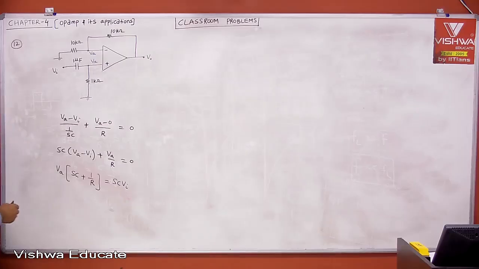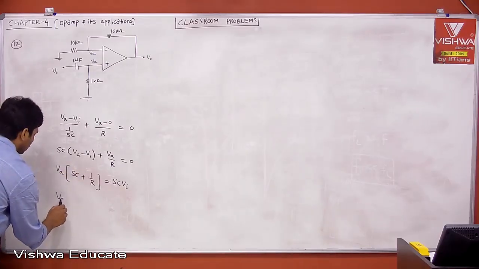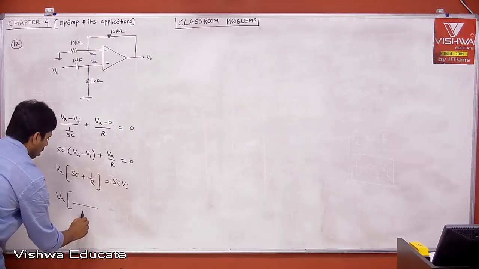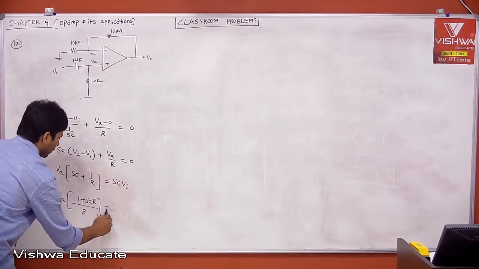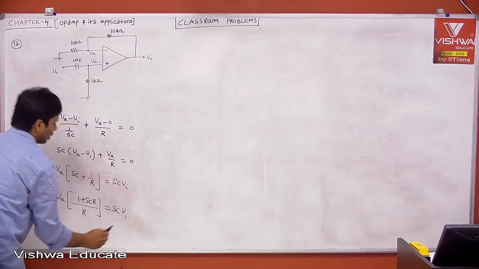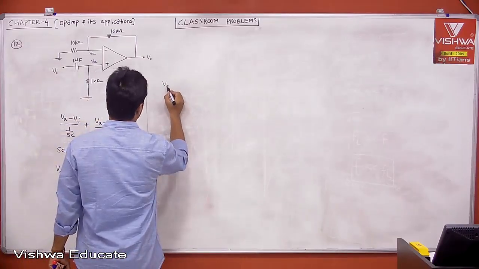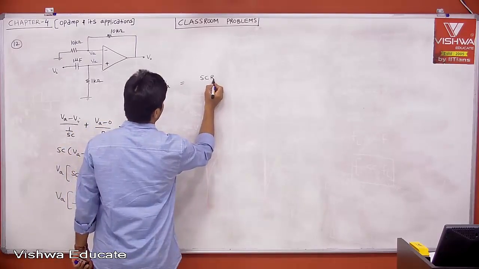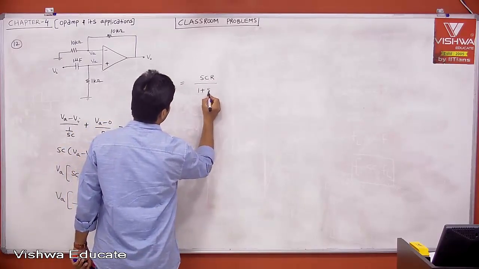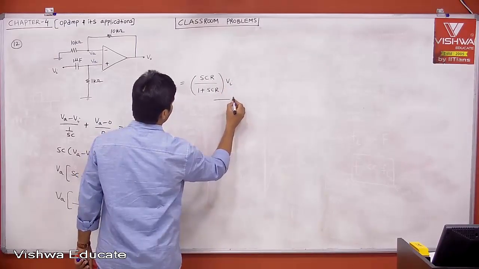If you take R common, you will get (1 plus SCR) equals SC into VI. Therefore, VA is equal to SCR divided by 1 plus SCR into VI. Call this equation 1.